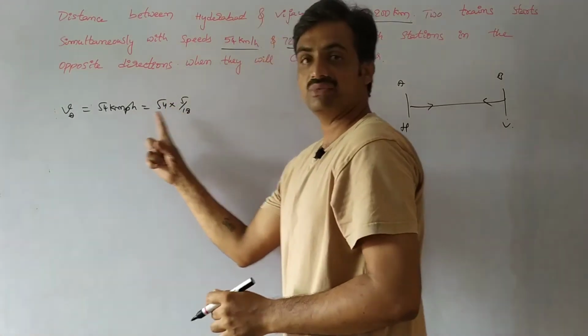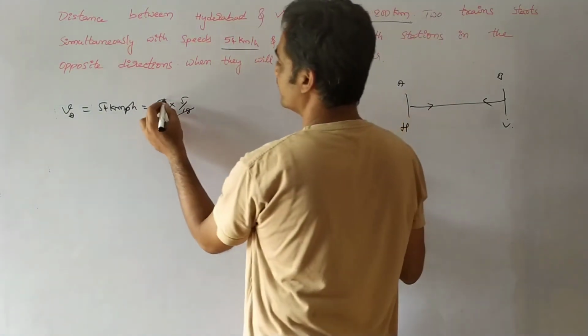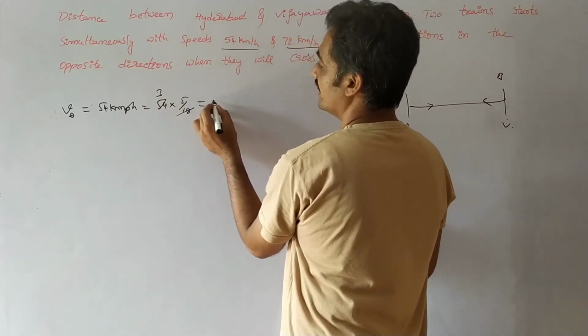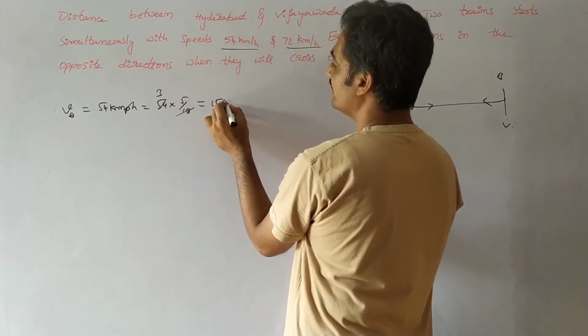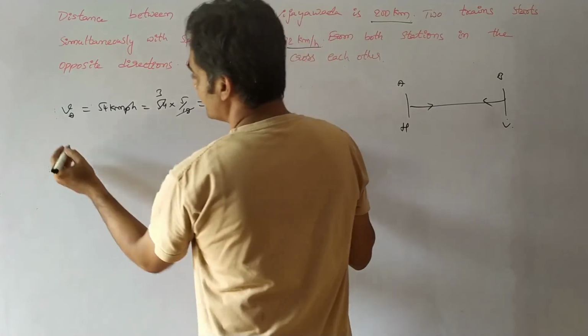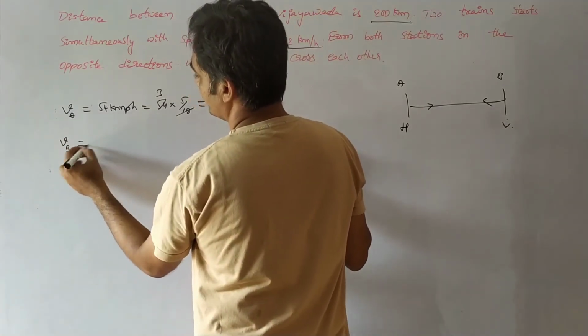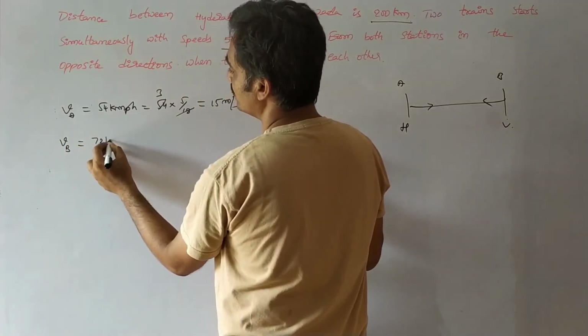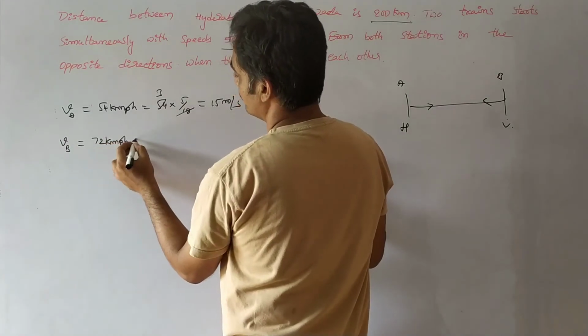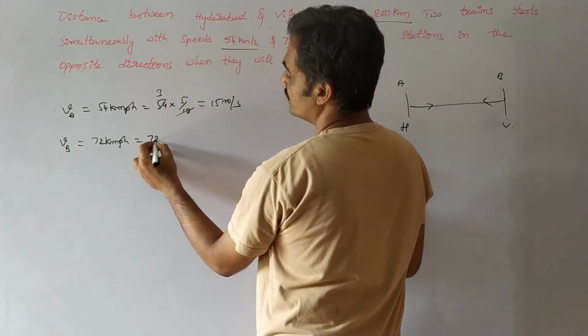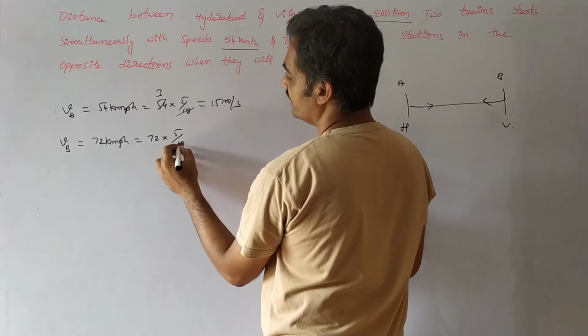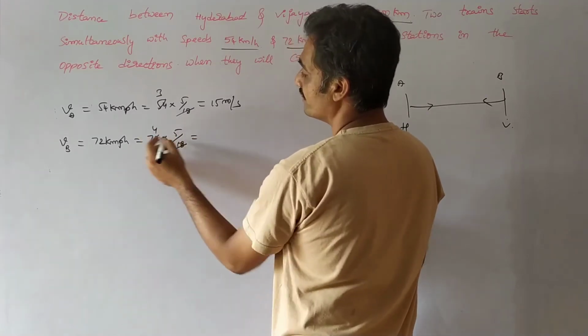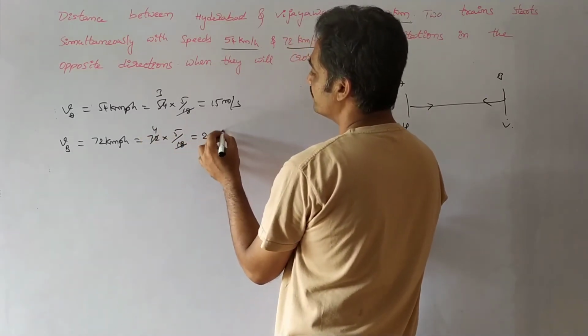Because we know that 1 kmph equals 5 by 18 meter per second. 18 3s are 54, then we have 5 3s are 15 meter per second. Whereas the velocity of the train B is 72 kmph, which is 72 into 5 by 18. 18 4s are 72, so we have 5 4s are 20 meter per second.